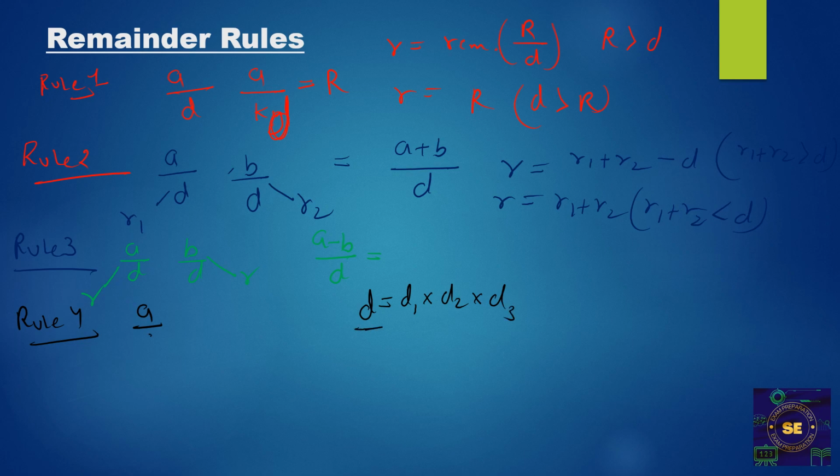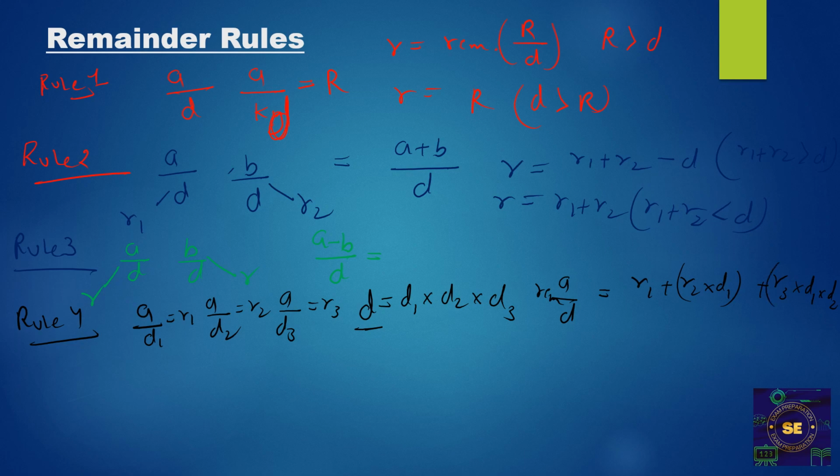So if a divided by d1 gives remainder r1, a divided by d2 gives remainder r2, a divided by d3 gives remainder r3, then when a is divided by d, the remainder will be remainder 1 plus remainder 2 into d1 plus remainder 3 into d1 into d2. So this was rule number 4.